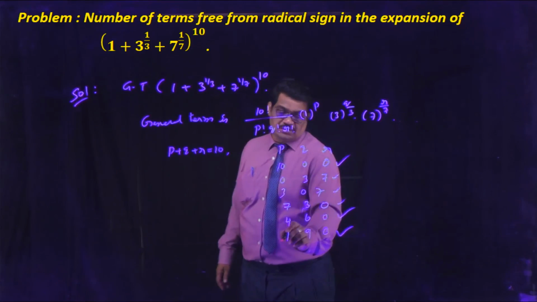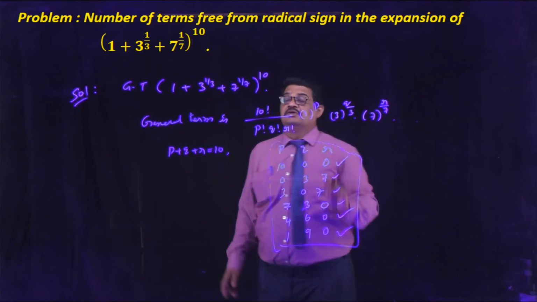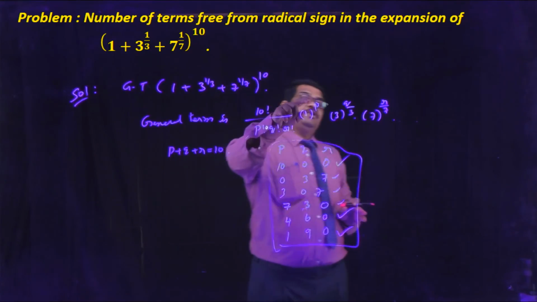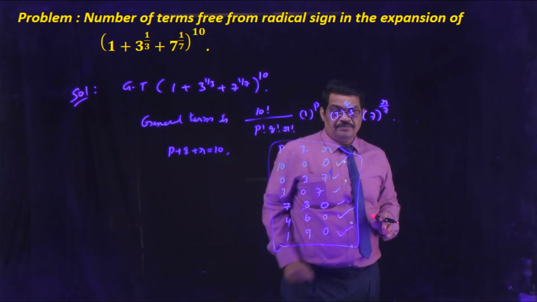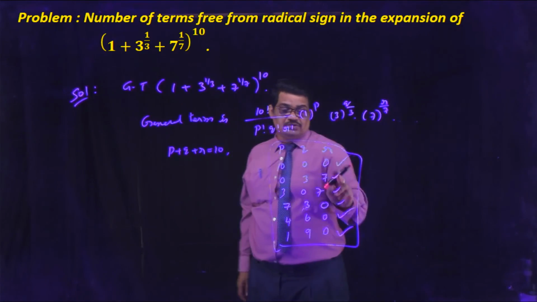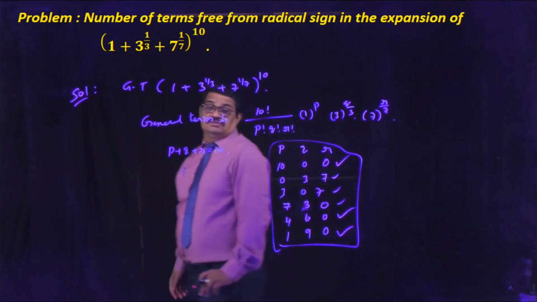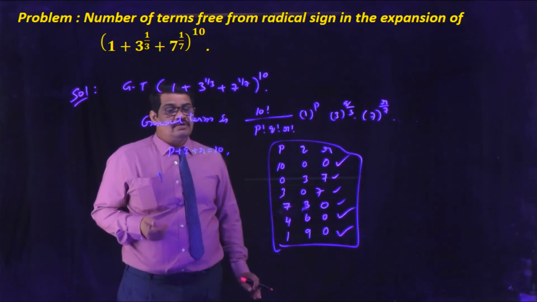So these are the total chances that satisfy these conditions: p plus q plus r is equal to 10, and q by 3 and r by 7 are integers. Okay, so how many chances here? 1, 2, 3, 4, 5, 6. These 6 terms are integral terms, free from radical sign.